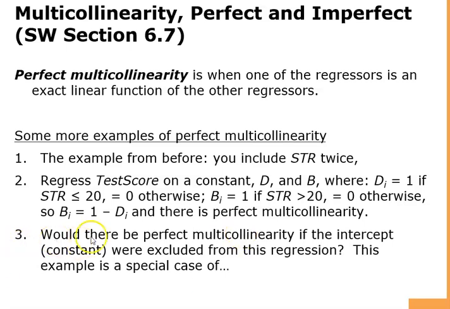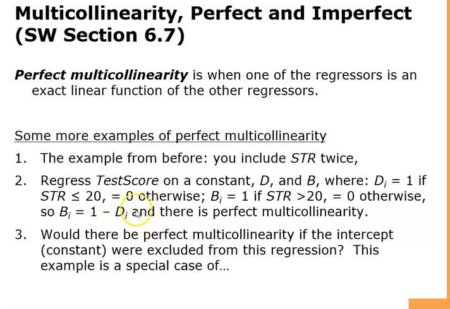Think about this for a second. Whenever the student-teacher ratio is a high number, it would mean that d will actually be 0, while b will actually be 1. So b will be equal to 1 minus d, meaning 1 minus 0.